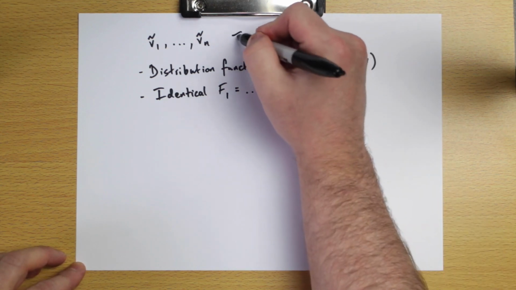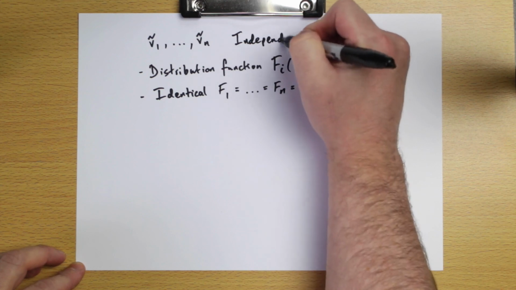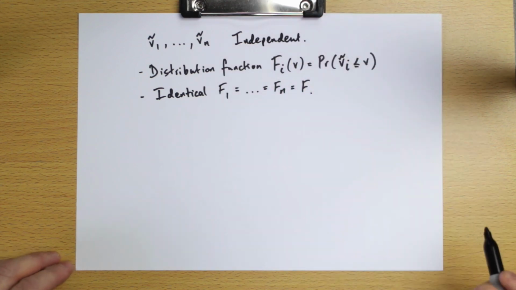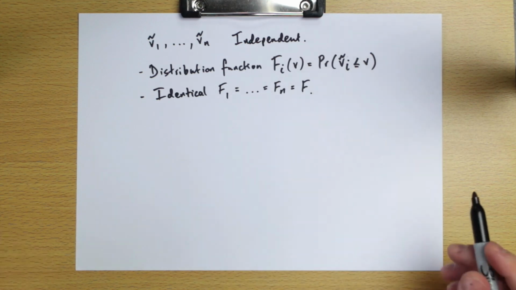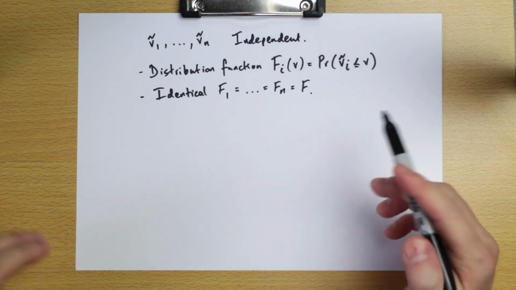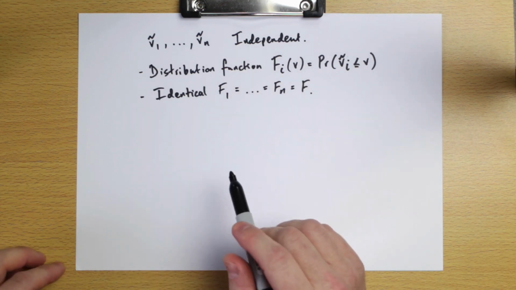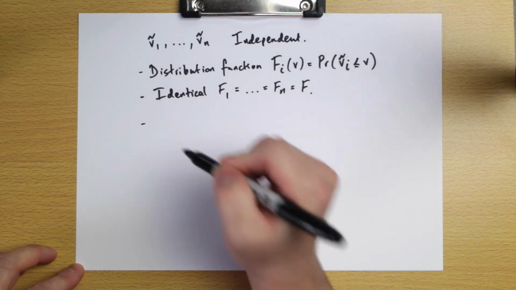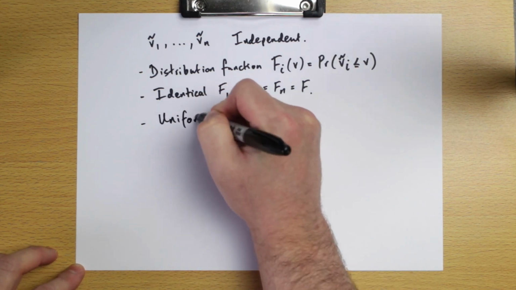Independent for now. Later, when you study auction theory, each of these assumptions gets examined, but in this course we'll be looking at independent random variables with identical distributions. And to make it even simpler, we're going to assume that these are uniform random variables.